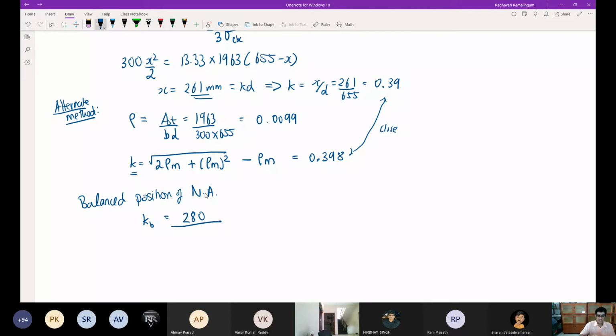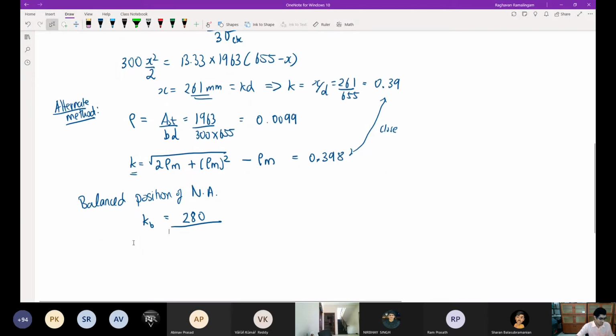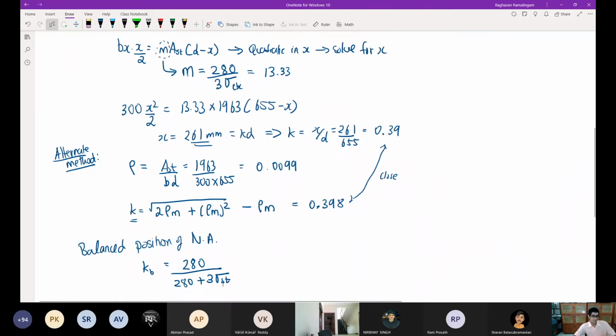One thing you can always remember is this 280 is a common number. You can always remember this number 280 and this number 3. So this is given by nothing but 280 by 280 plus 3 sigma st. There are 2 ways to remember this. Modular ratio is 280 by 3 sigma, and in sigma you will have CBC.